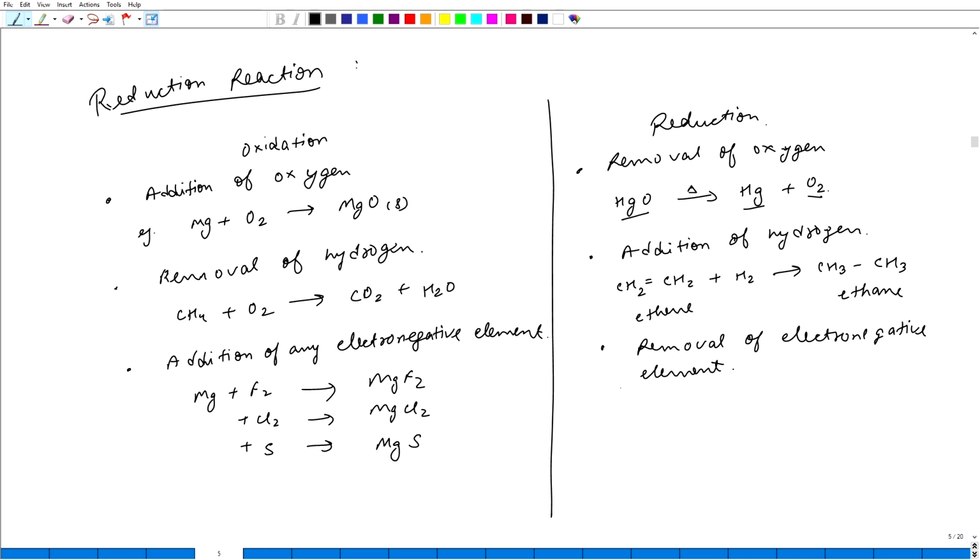For example, FeCl3, this is called ferric chloride, reacting with hydrogen will give FeCl2 plus HCl. So, if you see, one Cl has been removed from there, 3 Cl to 2 Cl.